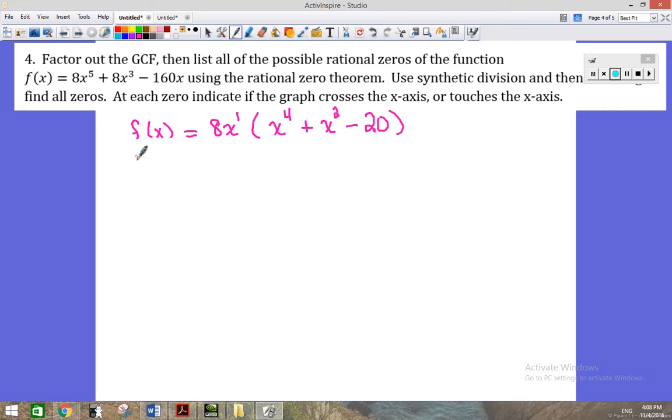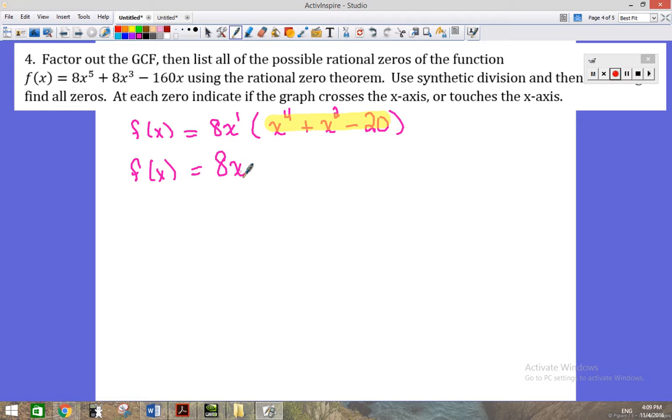Now, I'm going to focus my attention on this polynomial. It is in standard form, but to do synthetic division, I'm missing the x cubed term and the linear term, x to the first. So I'm going to rewrite this to help me out.